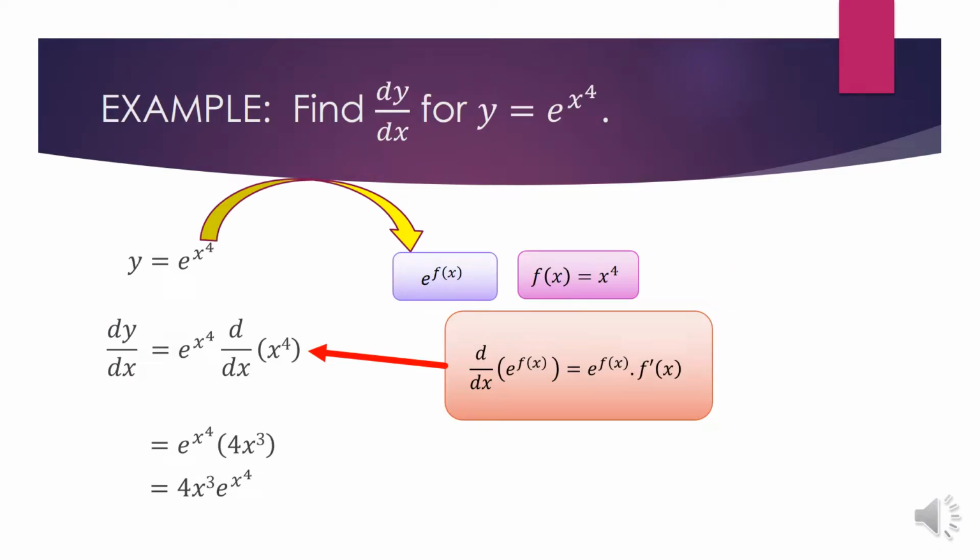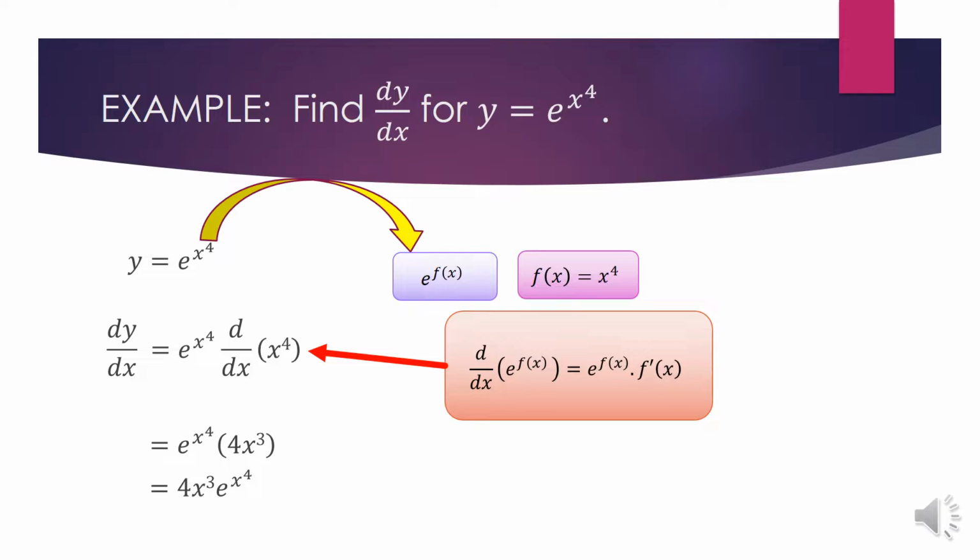In this example, we want to find dy/dx for e to the power of x to the power of 4. It is in the form of e to the power of f(x), where f(x) is equal to x to the power of 4. Differentiating e to the power of f(x), we get e to the power of f(x) multiplied by f prime x.